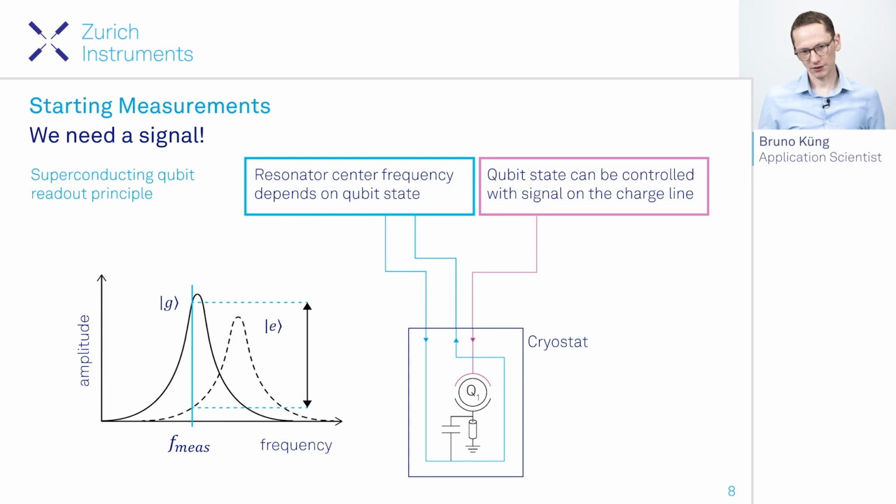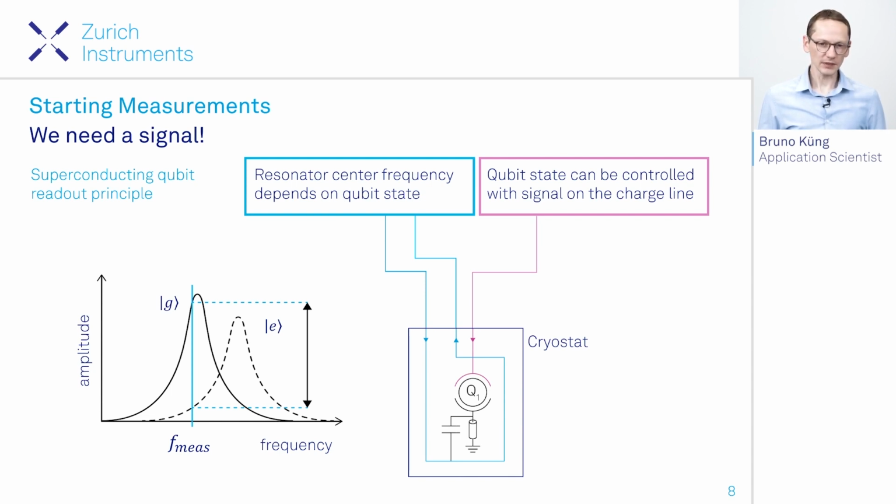So moving towards measurements, the first thing is we need a signal. So it's good to look quickly at how we get a measurement signal from the qubit. In the circuit QED architecture that I mentioned, this is achieved by measuring a resonator, a signal passing through a resonator.